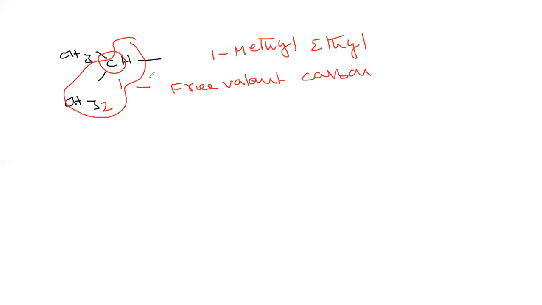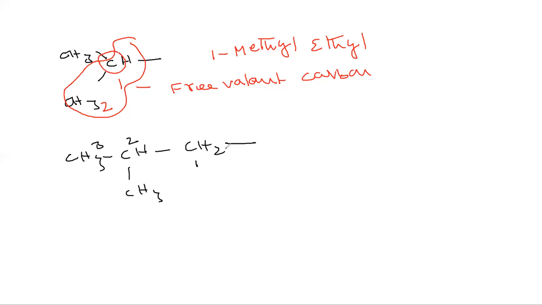For example, if we have CH3, CH, CH3, CH2, this is the free valent carbon. As this is a free valent carbon, if you give the numbering for this one, 1, 2, 3.